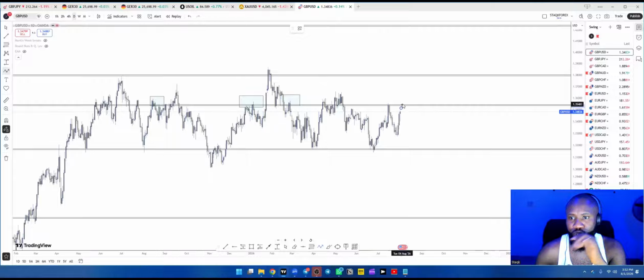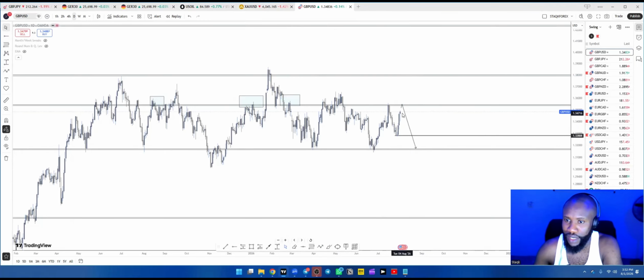If price is unable to break above, that means we'll have a double top, then push down again. Before pushing down, here will be our first target as take profit. Once price hits here, you take your first profit, then here will be the second take profit. But remember, we are still pushing to the upside.